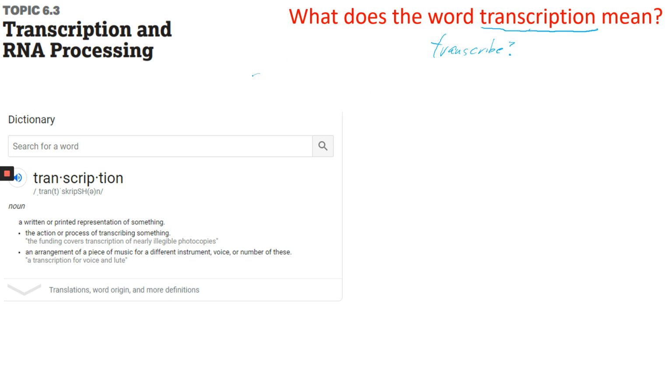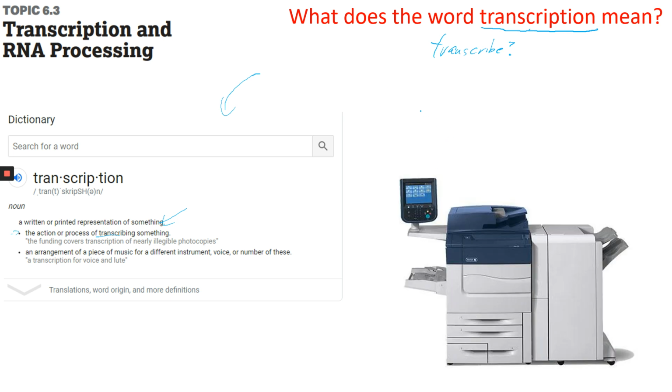You use Google. This is what the internet says transcription is: a written or printed representation of something. This first definition here uses the word transcribing in it, but I think you get the point. The way I think of transcription is I think of a copy machine.